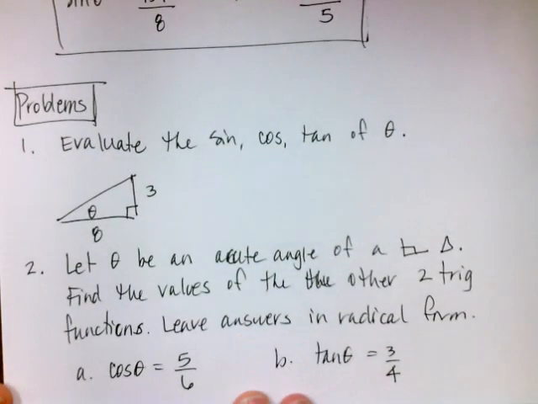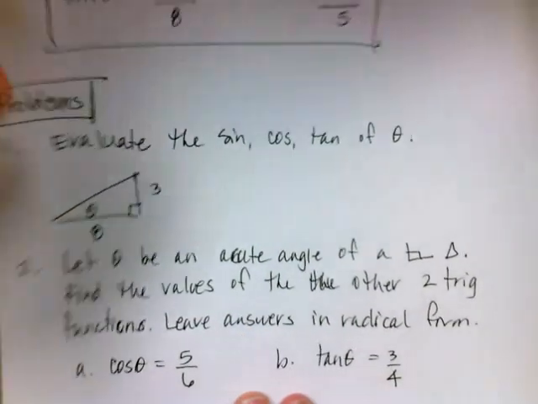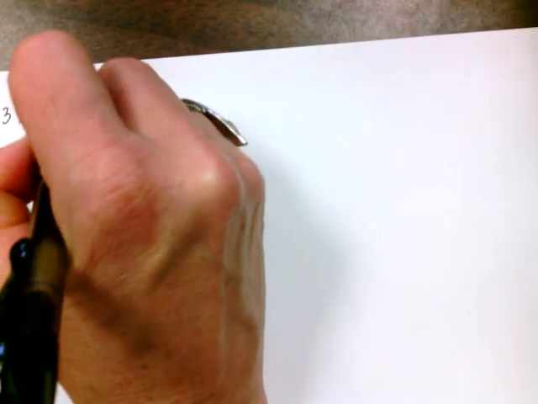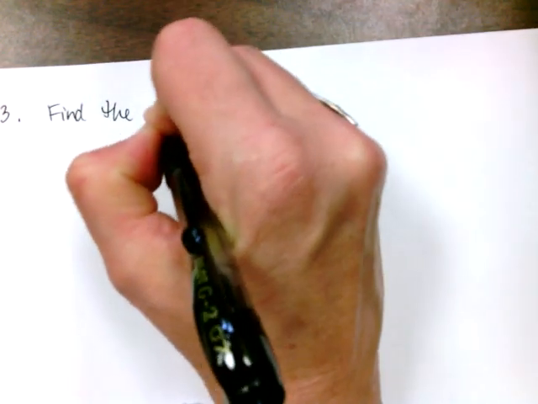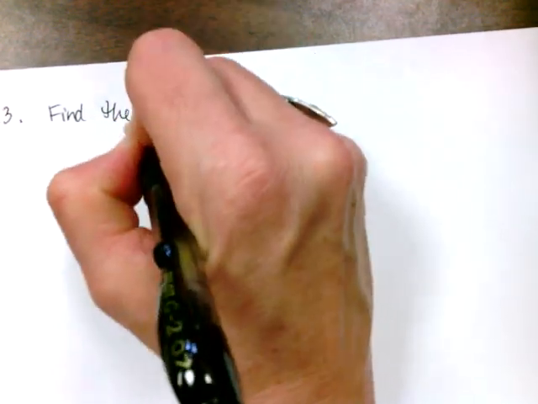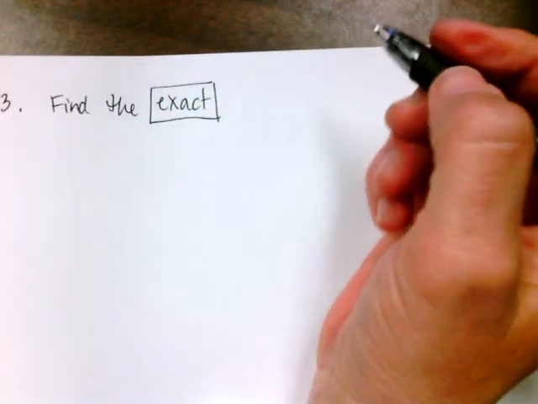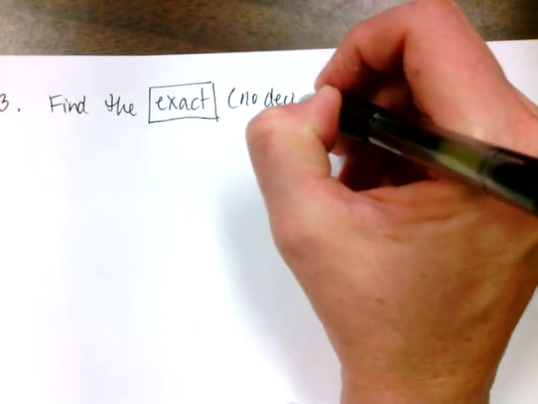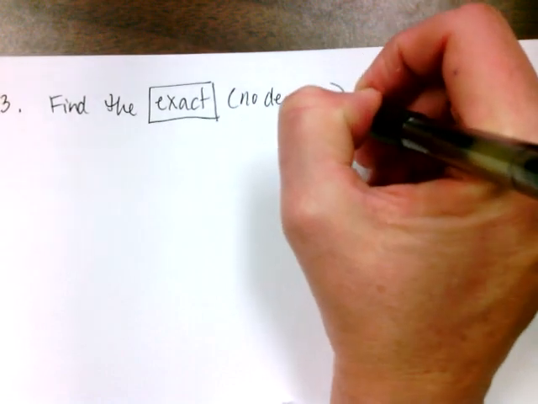Okay. All right, one more quick little problem, and then we'll be done. Last problem, number 3, says find the exact, keyword here, and it will be a keyword for the rest of the chapter, meaning no decimals, which means you have to use your special right triangle formulas.